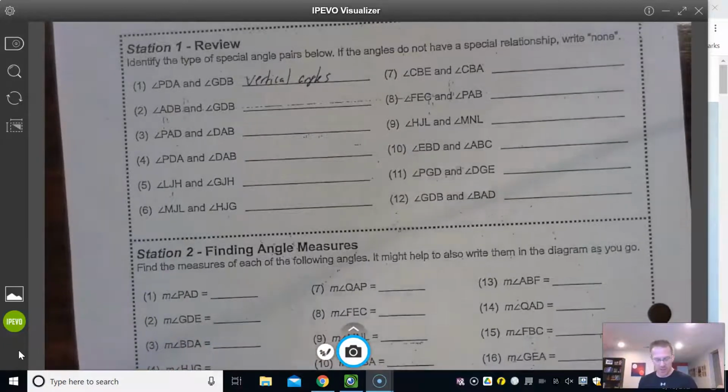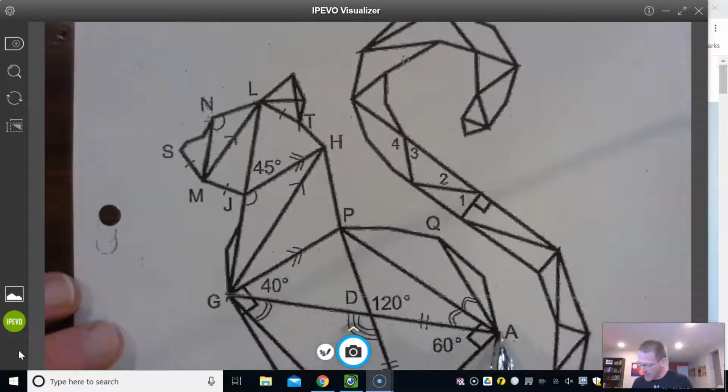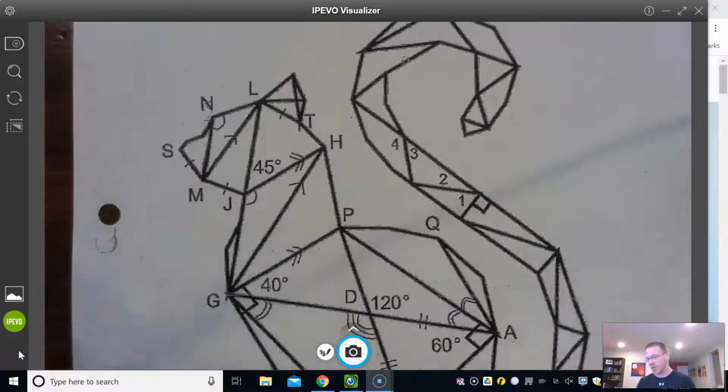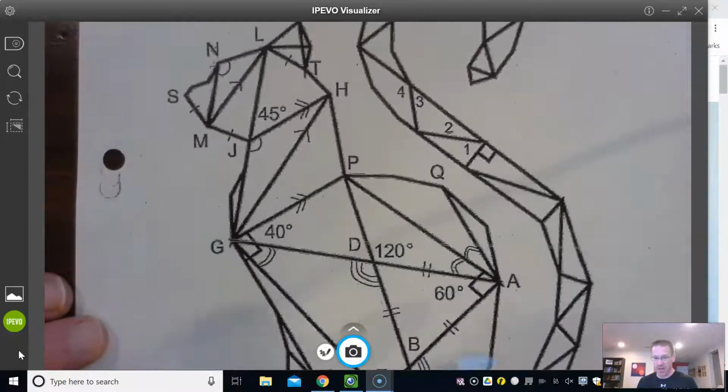All right, let's look at number 2 here. So ADB. When I look here, I have ADB right here, ADB right there, and then I have GDB right here. So ADB and GDB, these two angles right here. Let me move this up so you can see my B there.